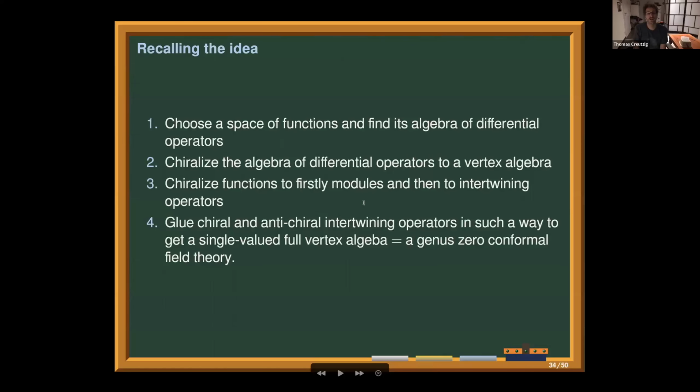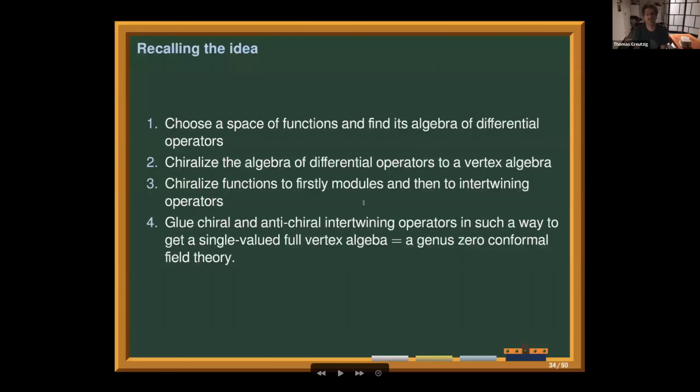So what was our idea? This terminates the first half of my presentation. So the idea is that we are kind of familiar with quantum mechanics. So we choose a space of functions and find its algebra of differential operators. We illustrate it in the very nice example where the differential operator is just d dx and the functions are just the eigenfunctions of type e to the inx, Fourier modes.